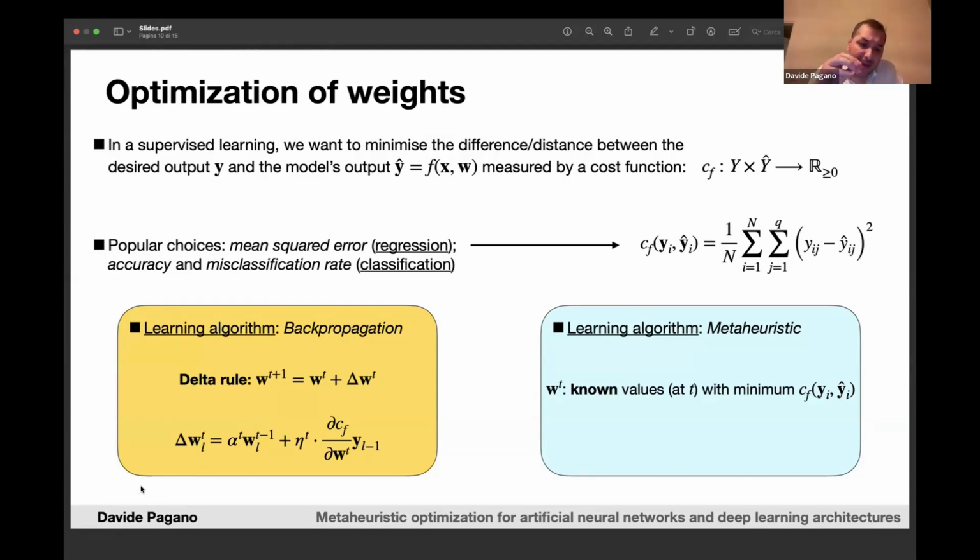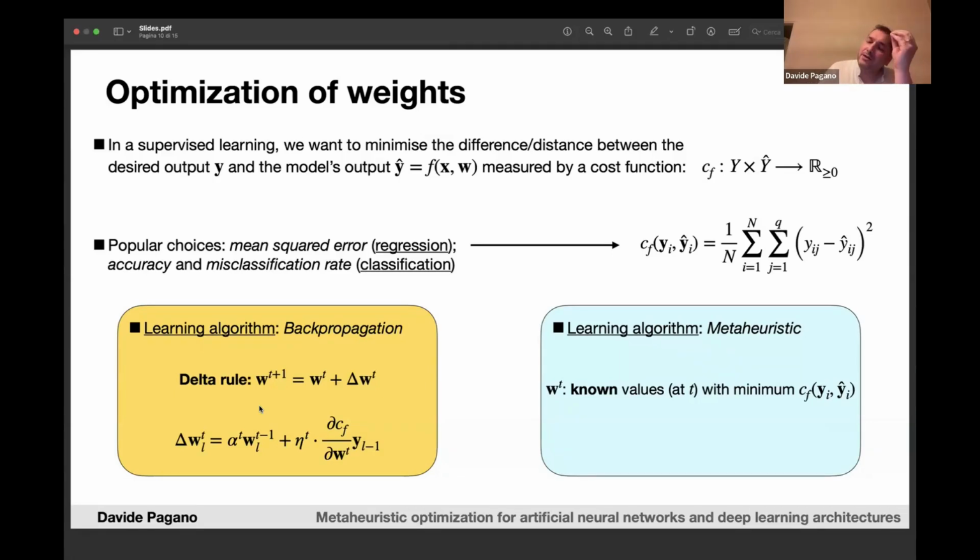For gradient-based learning algorithms, it's common that weights are updated iteratively using the delta rule. For example, if we choose backpropagation as a learning algorithm, which is quite a common choice.